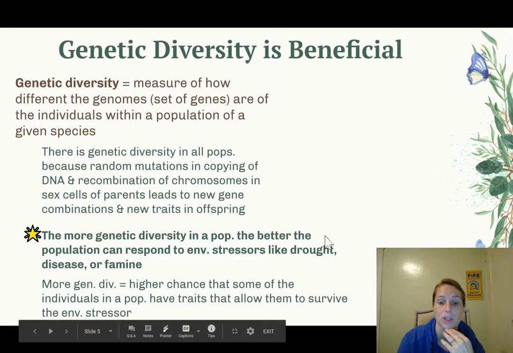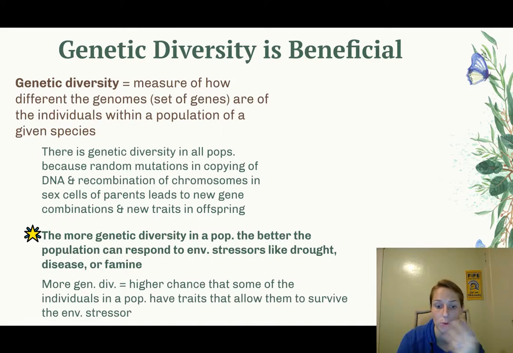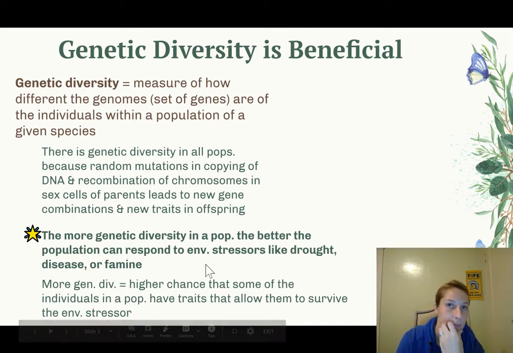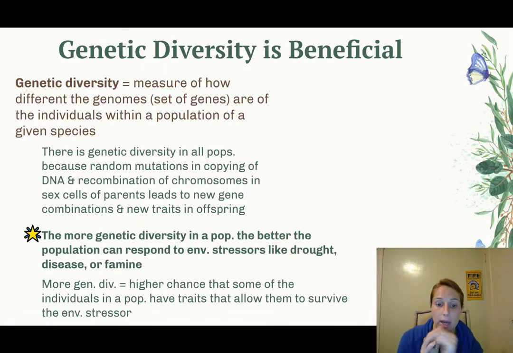Maybe they're able to better survive drought, like it's a plant species that has a random mutation where they hold on to more water. Or maybe they're going to be resistant to a disease. The more diversity that you have in the genetics means the higher likelihood that just randomly these individuals will be able to survive a stressor that comes along.